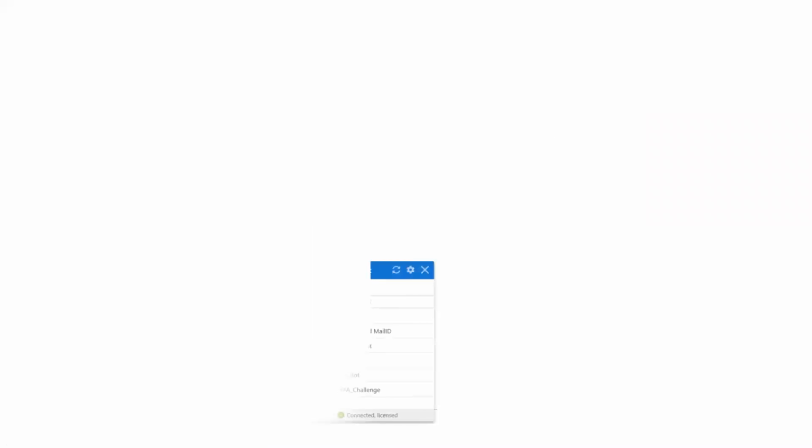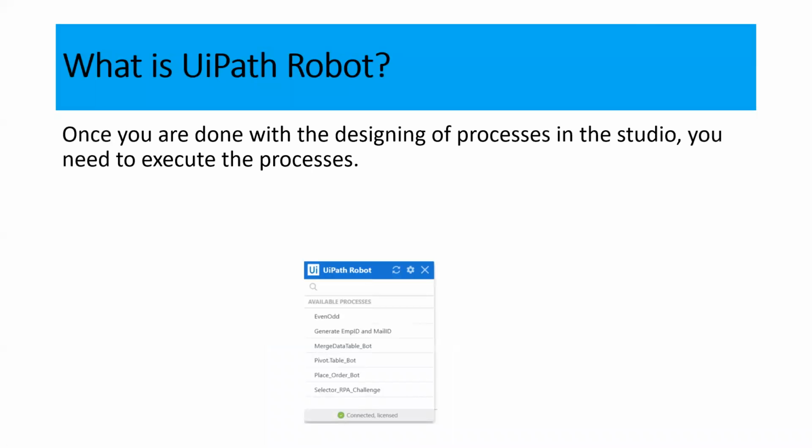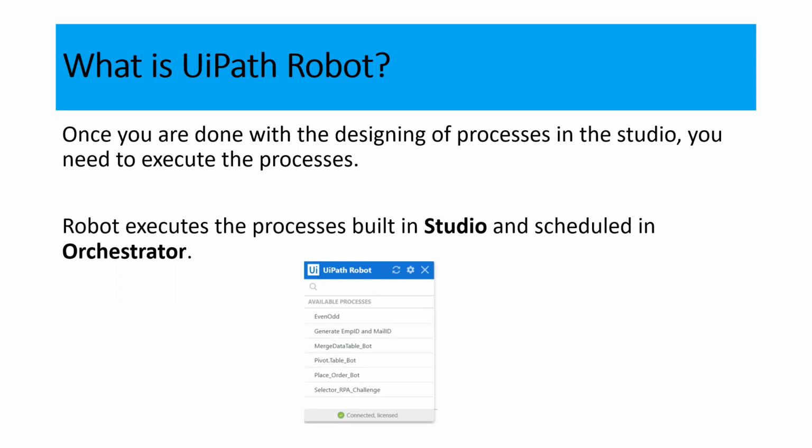Coming to UiPath Robot, once you are done with the designing of the process in the studio and you need to execute the process, the robot executes the process built in Studio and scheduled in the Orchestrator. Once you have designed your process, you need to execute it through the robot.